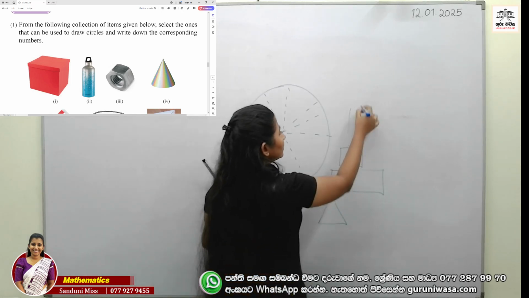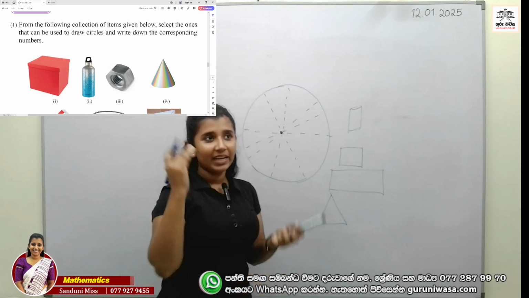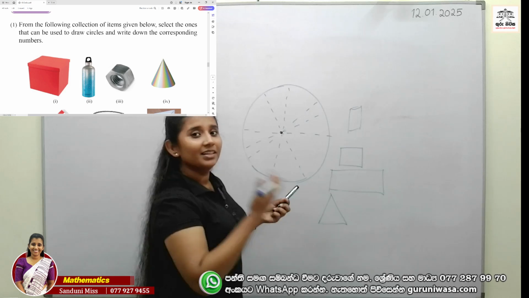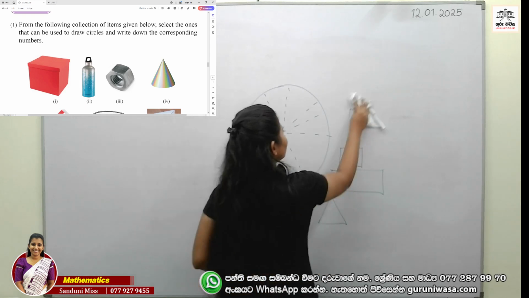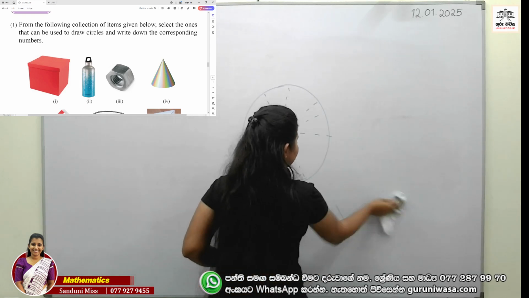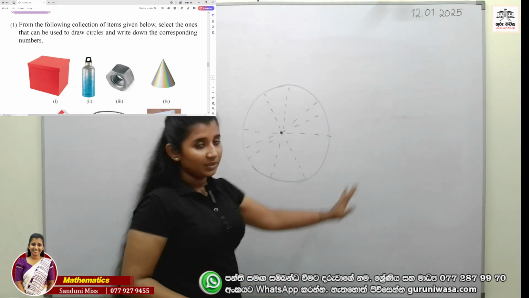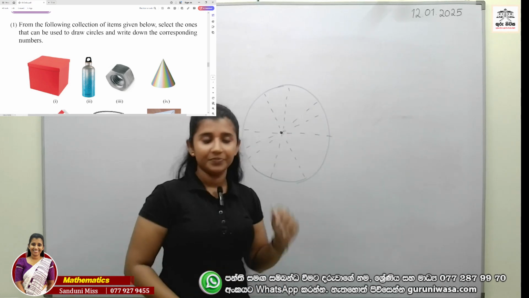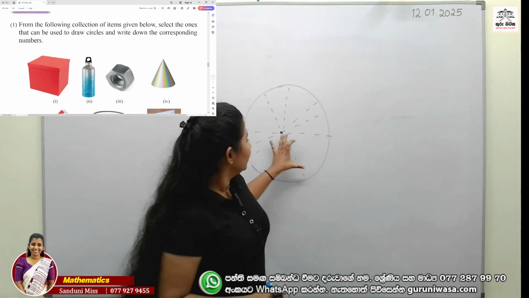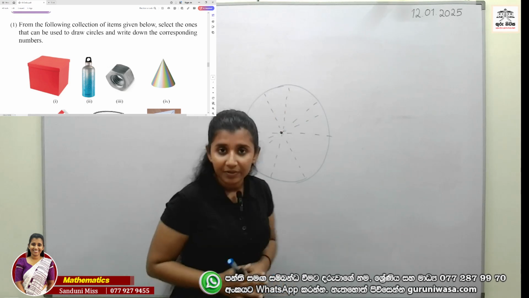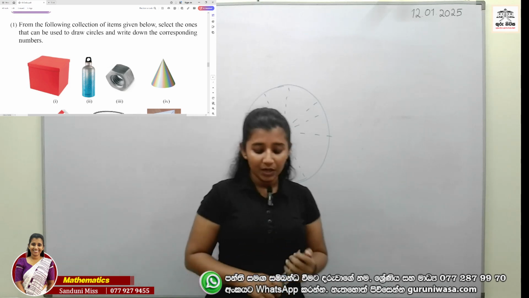A cylinder has two circles on the top and bottom, and this is also circular, right? But in circles, they don't have any lines, only a circular shape. It is perfectly circular, and from the center to the circumference, the distance is always the same everywhere. So that's the way we can identify it. Now we enter the lesson.